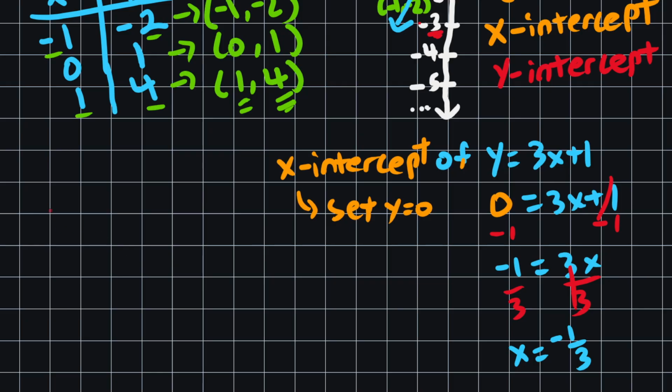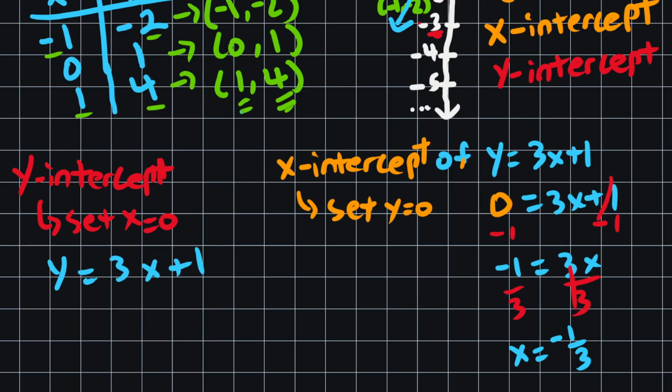So for the y-intercept, let's write that over here, and let's try solving it algebraically. We have to set x equal to 0. So let's write the same equation as before, y equals 3x plus 1, and we are going to set x equal to 0.